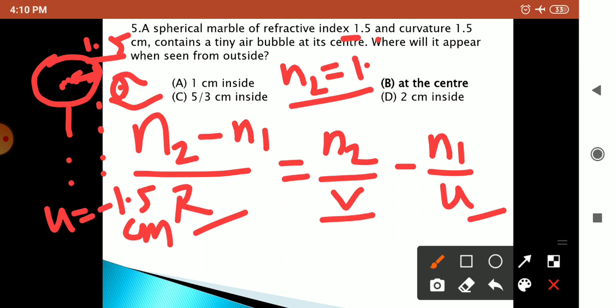Now we have to find this v, that is, where that air bubble will appear when seen from the outside.